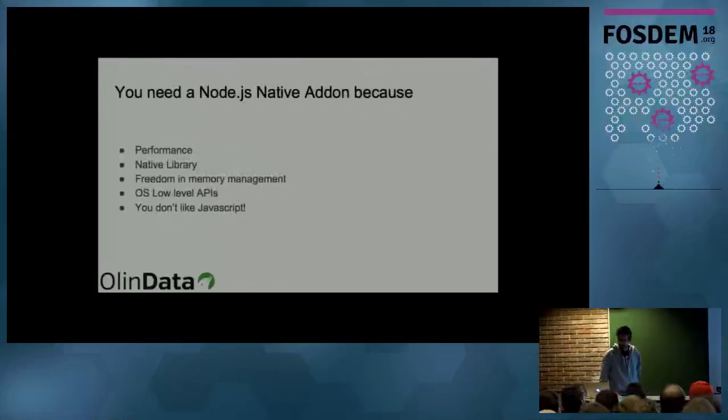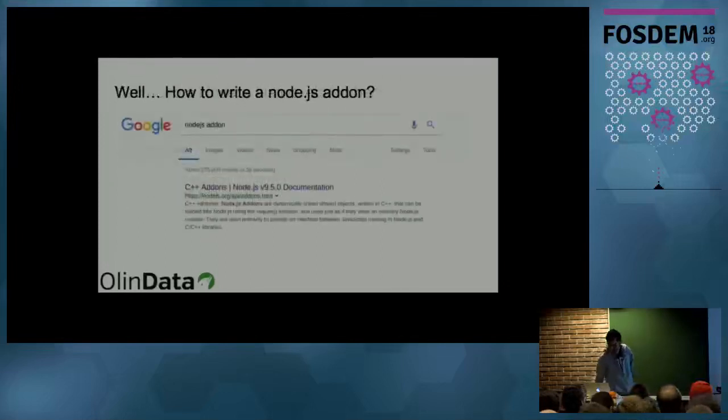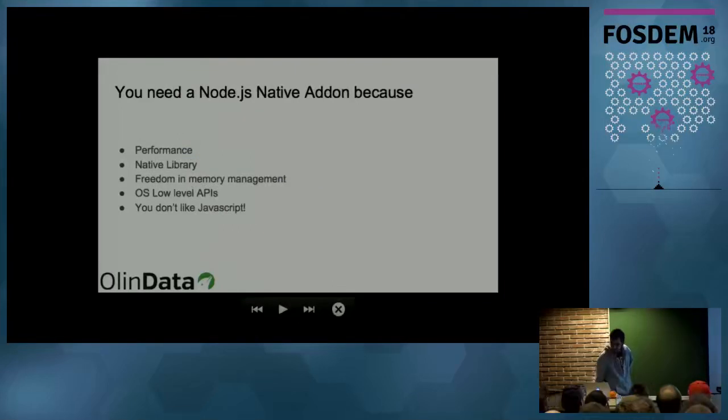Yeah. So, you need a Node.js add-on. Because you might need more performance in Node.js, or you have a native library that you want to be used in different languages.